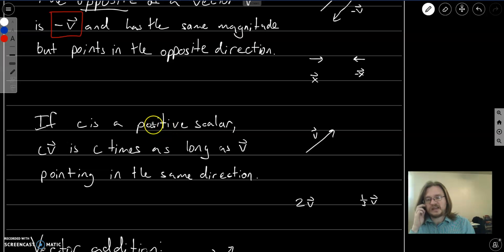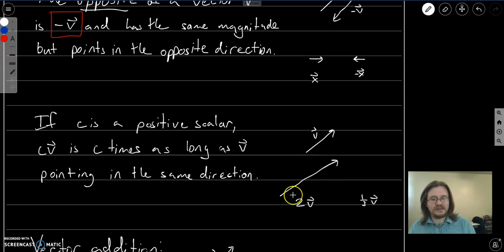If we take a positive number times a vector, we're just going to lengthen or shorten that vector depending on what the number is, and it's going to be pointing in the same direction. So for instance, if I have my v here, same as before, pointing up and to the right, and it's about this long, I can talk about 2v, and 2v is going to be the same vector, but twice as long as v.